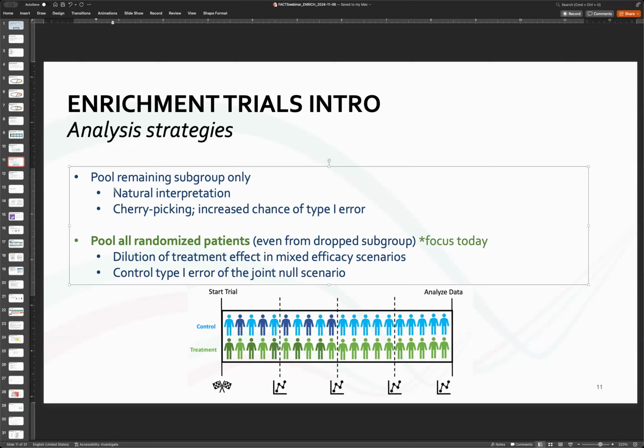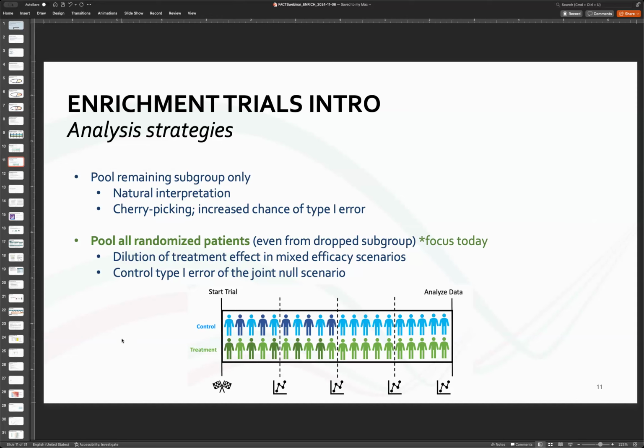Sorry, what was the second part of the question? What other adaptations or parts of the trial can increase type 1 error other than timing of interim analyses? Okay, yeah. So I think that's also related to prevalence. I'm not thinking of any others right off the top of my head. Accrual rate, of course, if you have interims, things like that.